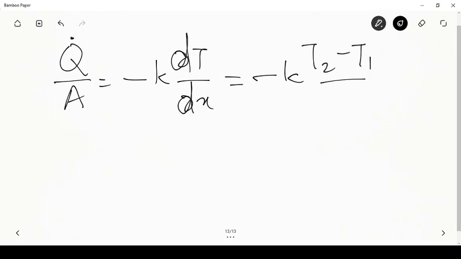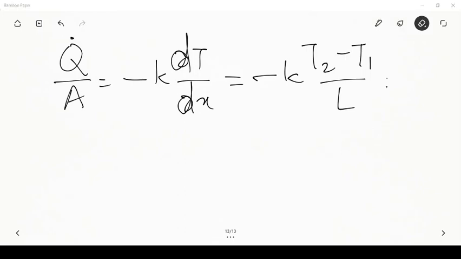So this is your heat flux at any location, and this is independent of x. This is quite interesting, and understandable because we are looking at a problem of steady state. There is no accumulation of energy at any layer in the wall, and therefore the heat flux entering the wall is the same as the heat flux leaving the wall.